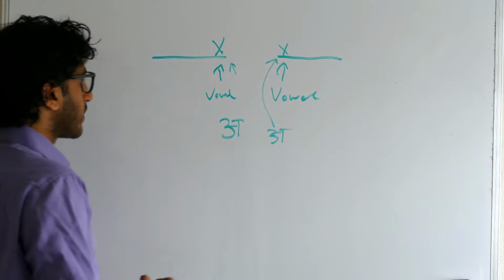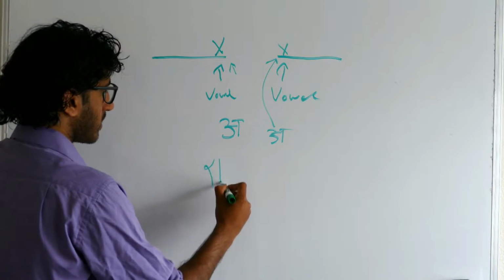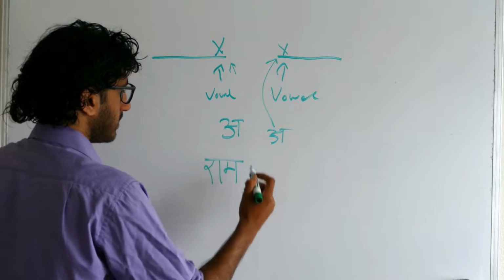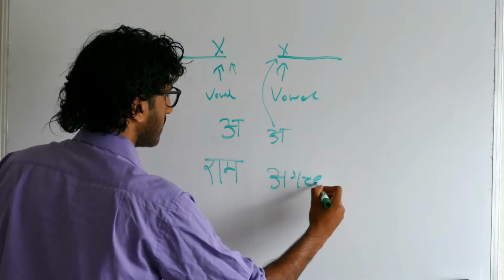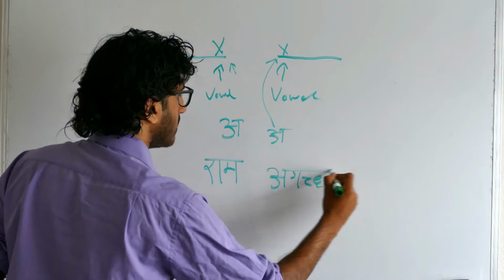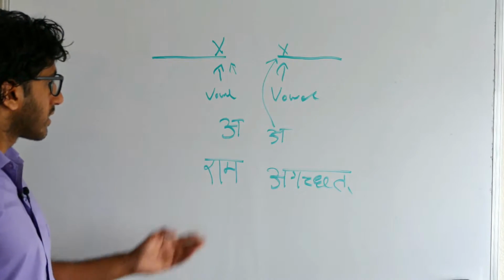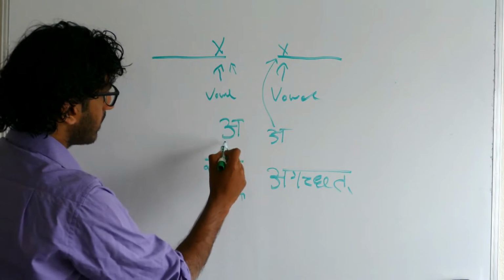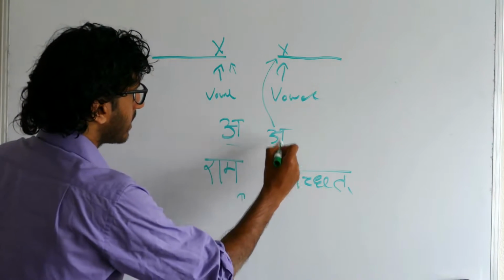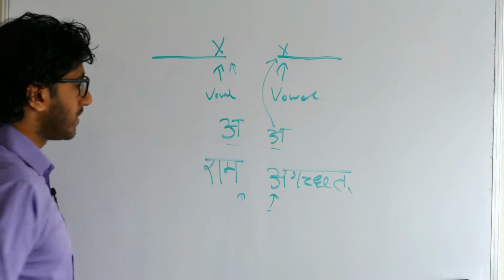For example, Rama agachat. At the end of this word, we have an a vowel, and at the beginning of this other word, we have an a vowel.